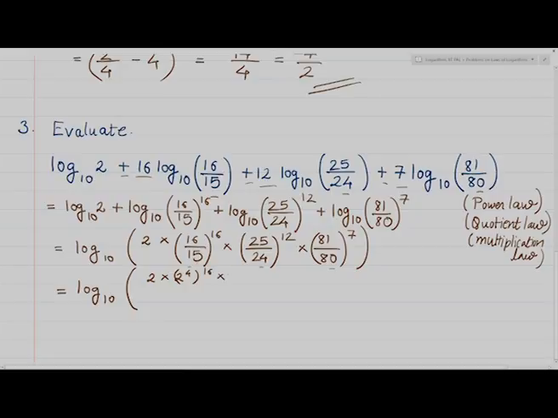What is 25? I am just taking the numerator, and similar things I will do for the denominator. 25 is nothing but 5 square, raised to 12, into 81, which I know is 9 square, and that also means it is 3 raised to 4. So it is 3 raised to 4 into 7, upon, what is the denominator?